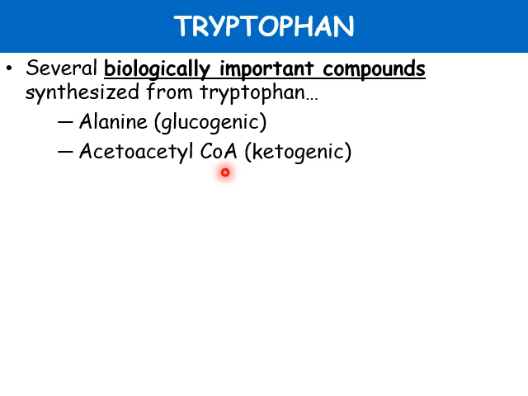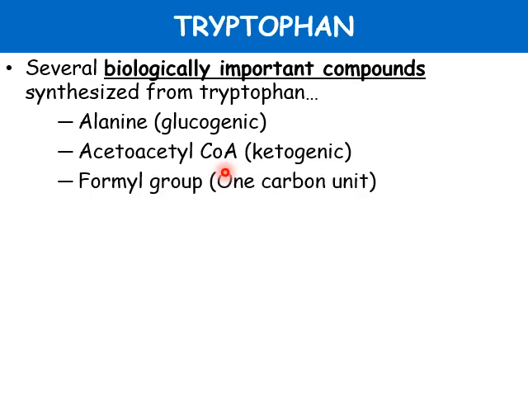Acetoacetyl-CoA splits to acetyl-CoA and it forms ketone bodies, so it's a ketogenic amino acid. Other products: it produces the formyl group that helps in the 1-carbon metabolism.